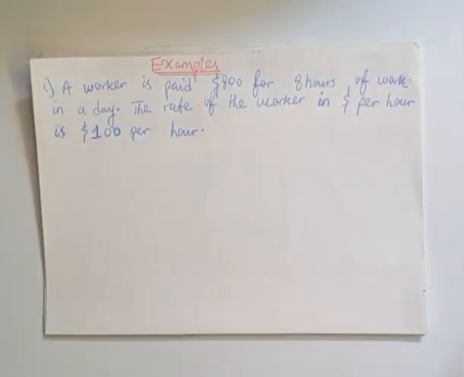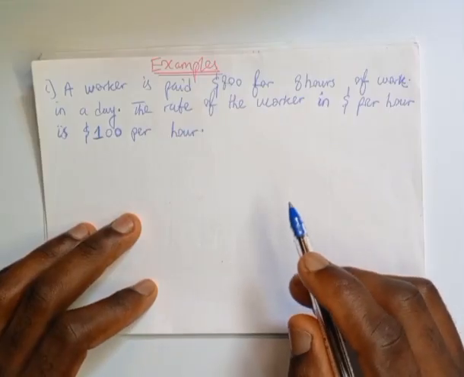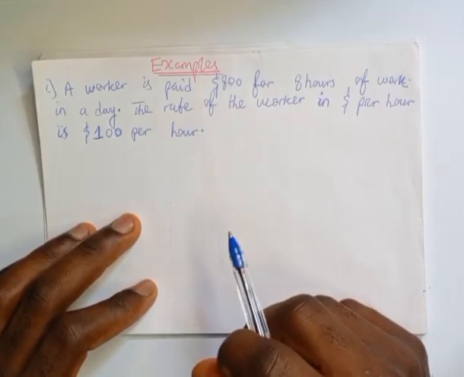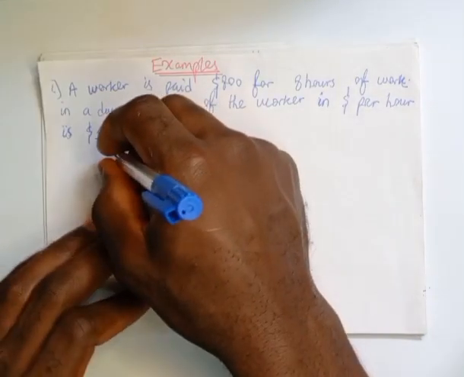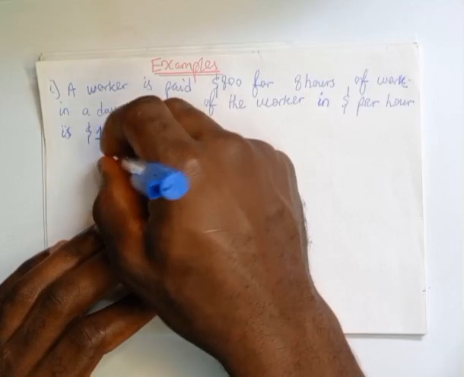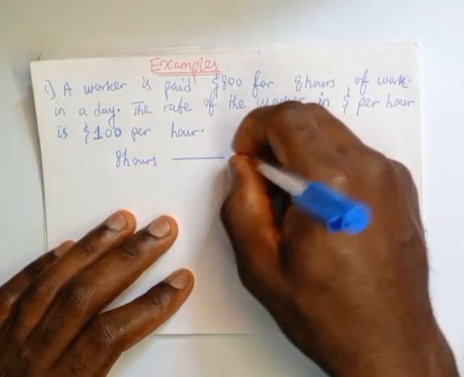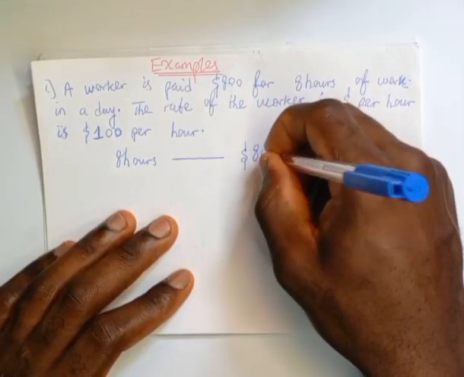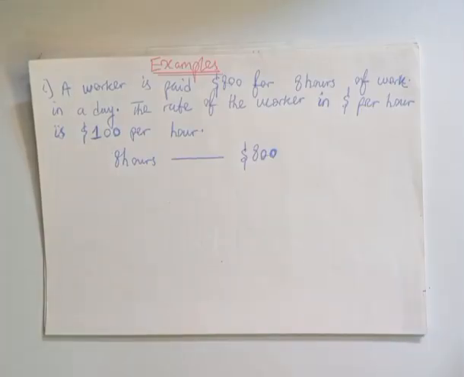Now let's see why this worker has a rate of $100 per hour. We have been told that in 8 hours of work, a worker is paid $800. Now we need to find the amount the worker is paid for 1 hour of work.